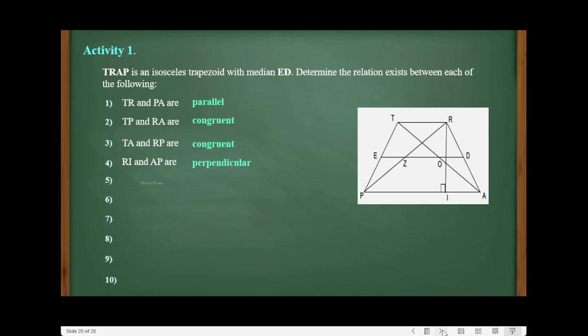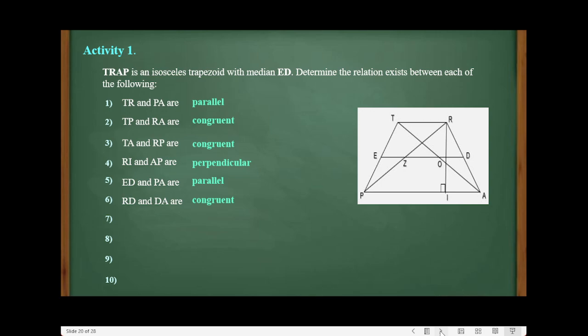Next, number 5, segment ED and segment PA. They are what? Parallel. Okay? Next, number 6, segment RD and segment DA. So they are what? Congruent.